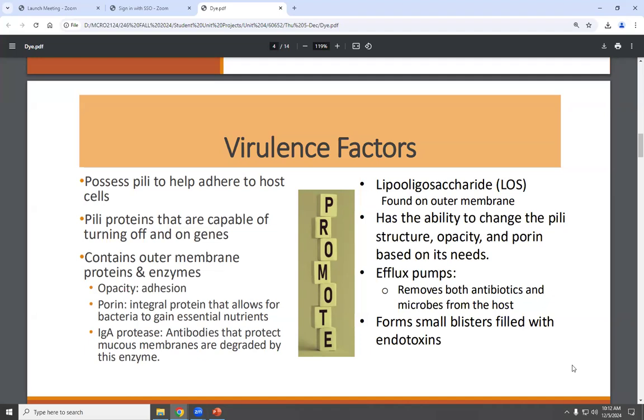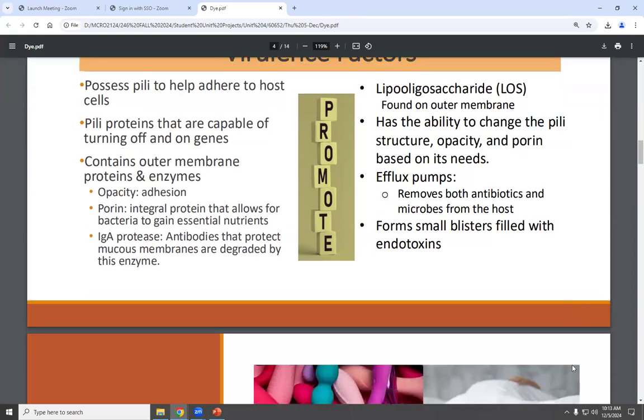And then it also has the LOS. I'm not really sure how to say that, but that one is a glycolipid, which gives it the capability of changing its structure so it can present itself differently. It also has efflux pumps. Those pumps are able to take out the antibiotics that the patient's taking, as well as removing the host's microbes.